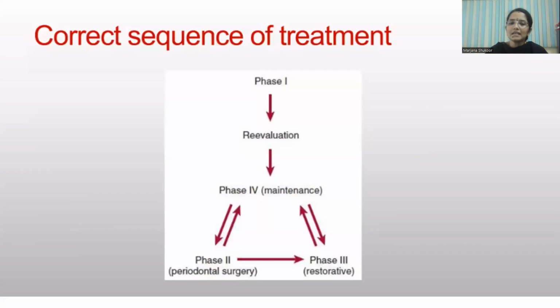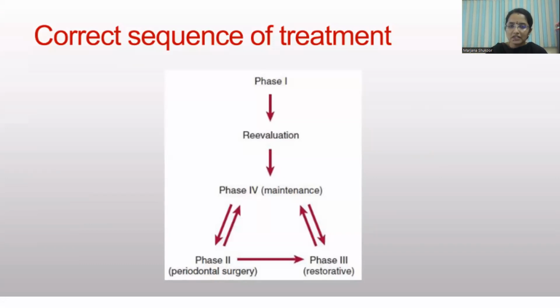Coming on to the sequencing of your treatment, as you all know, any periodontal treatment has 4 phases: phase 1, phase 2, phase 3, and phase 4. But the sequencing will be phase 1, then evaluation, and again the patient will be placed under phase 4. During the maintenance recall visit, while you are examining the patient, when it is necessary, you will perform the phase 2 therapy.